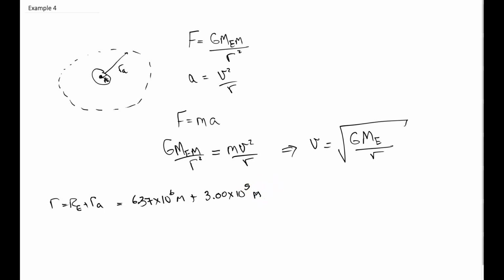And if we add these two, we get 6.67 times 10 to the 6th meters.